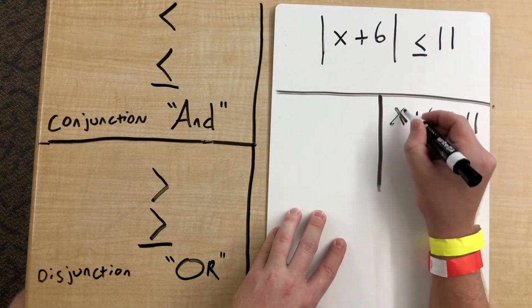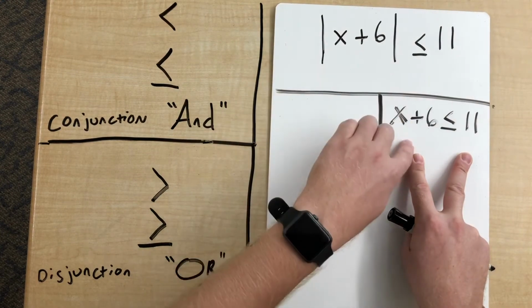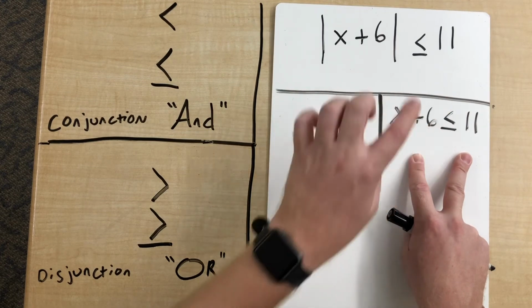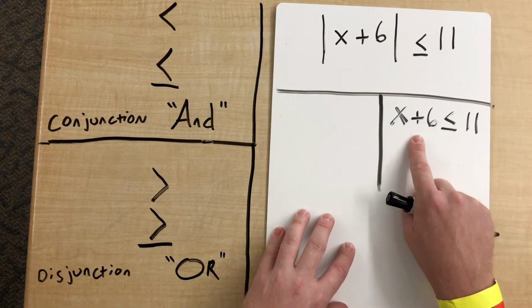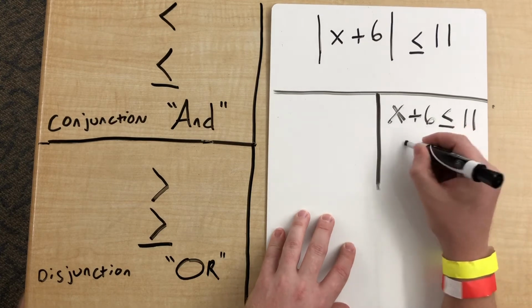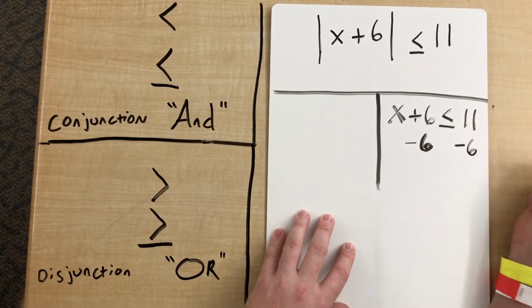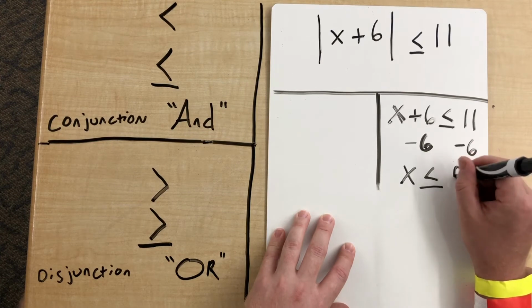On and statements, if we're just solving the first solution as normal, put it on the right side because there's a strategy for that later. All right, so my x is not by itself yet. I'm gonna subtract 6. Subtract 6. Now I have x is less than or equal to 11 minus 6 is 5.